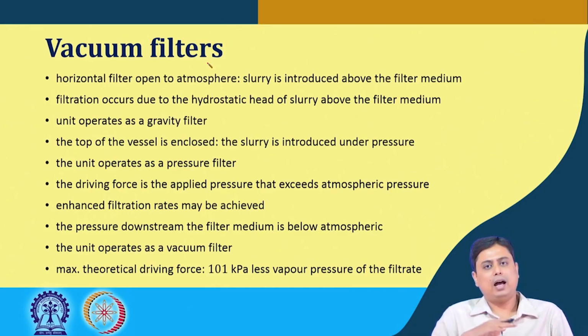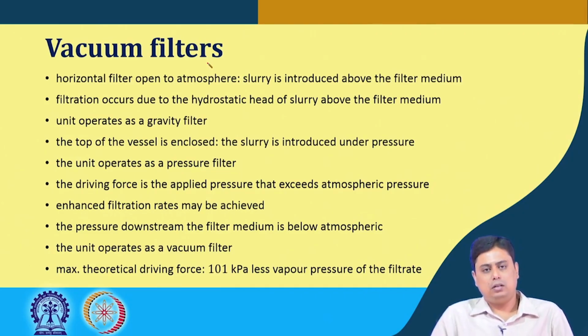This means that upstream of the filter medium, on the upper surface, the filtrate can come at normal pressure, say atmospheric pressure. Then the filtration rate is accelerated due to the suction at the bottom, the creation of the vacuum.